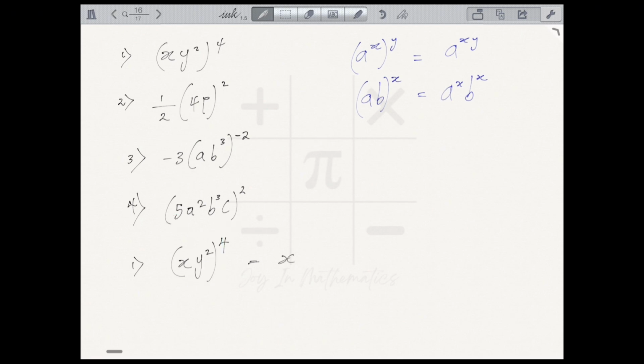So this will give us x^4 multiplied by (y^2)^4, because for simplicity's sake this can be written as (ab)^x = a^x multiplied by b^x, and this will be equal to this.